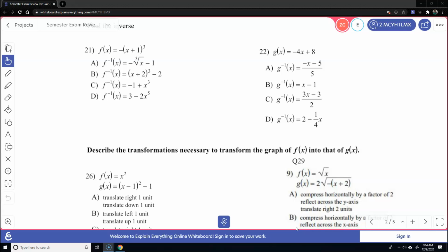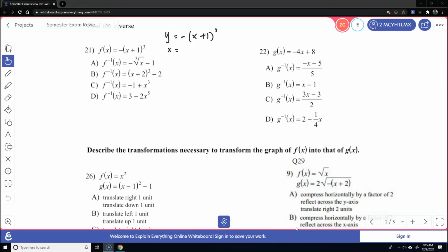For 21, we're going to go ahead and find the inverse. Remember the way I explained to you, you're going to say y equals negative (x plus 1) cubed. And then what you probably want to do is switch the x and the y.